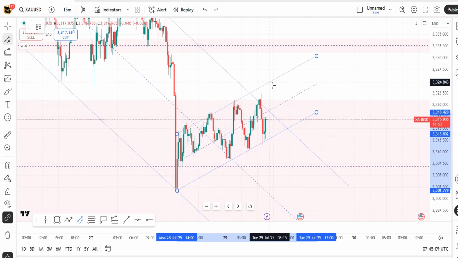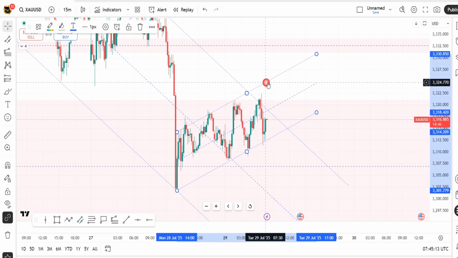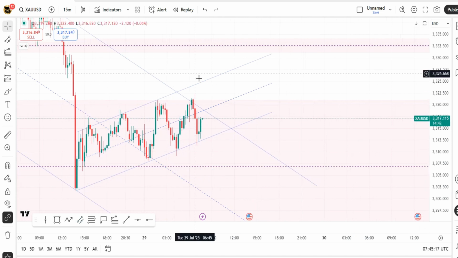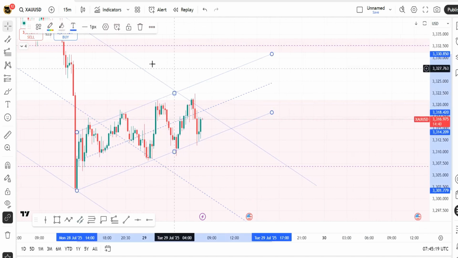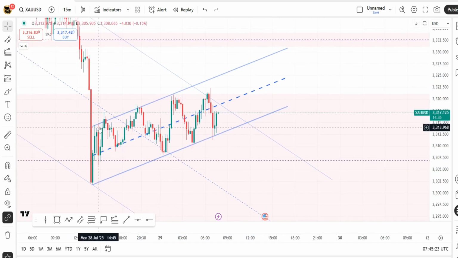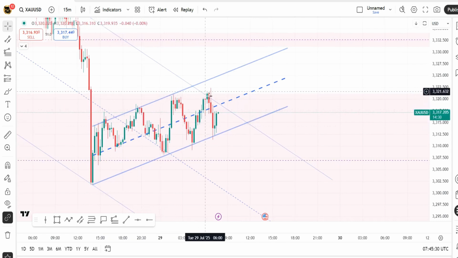Let me make it more clear for you. I have started from this area, and I have taken this area, I have taken this area, and I have ignored this area.